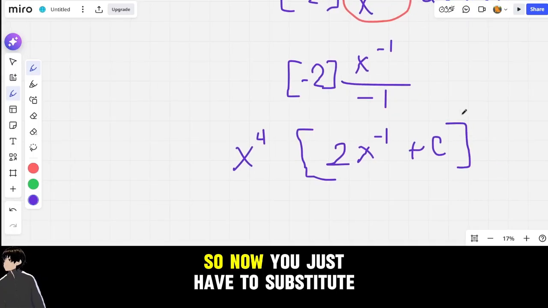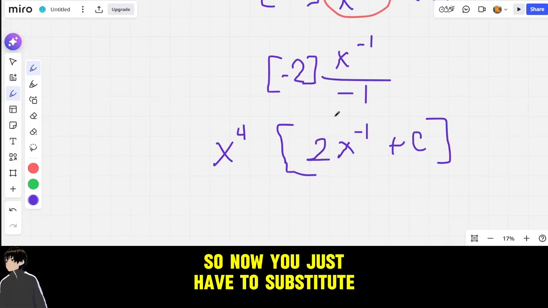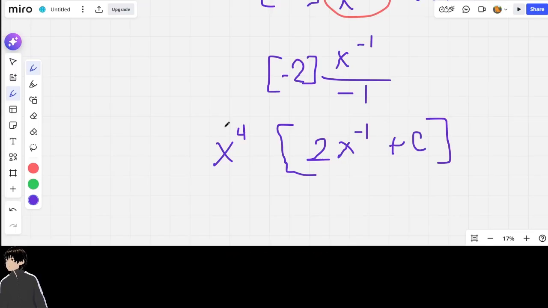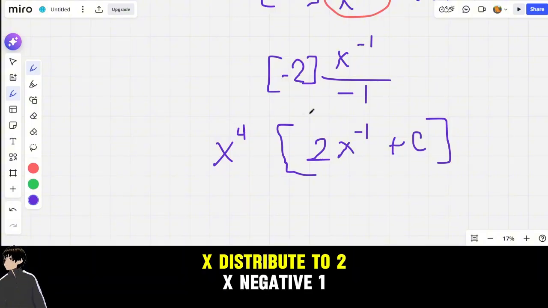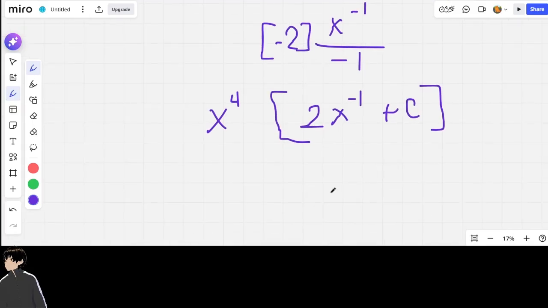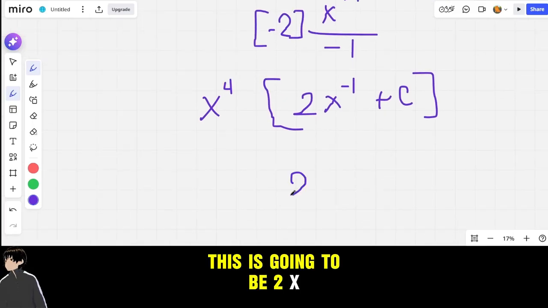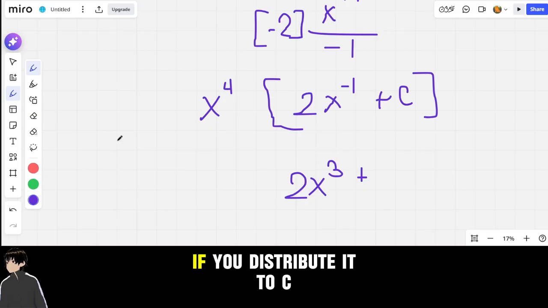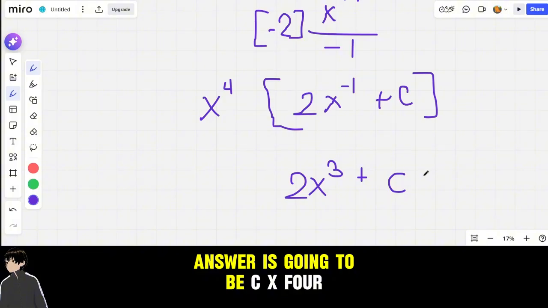So now you just have to distribute. x distributes to 2x to the negative 1, which is going to be 2x cubed. If you distribute it to c, the answer is going to be cx to the 4.